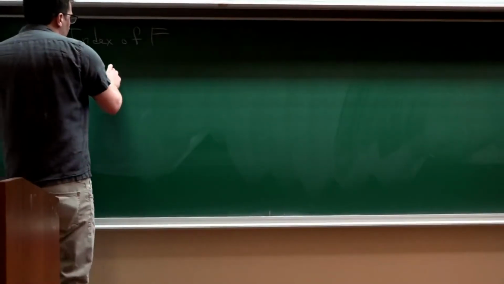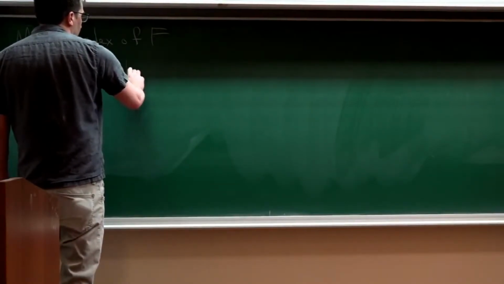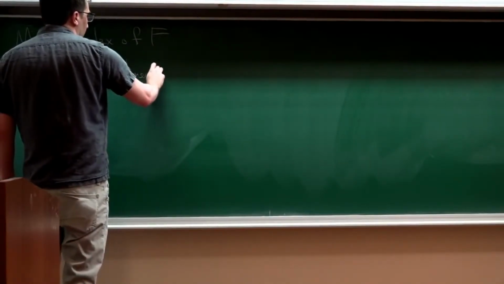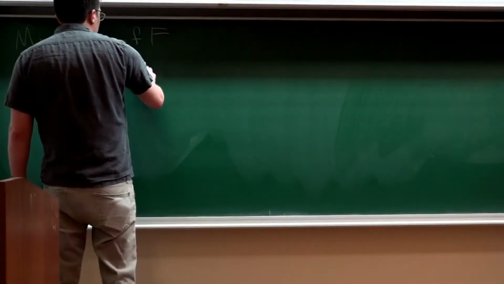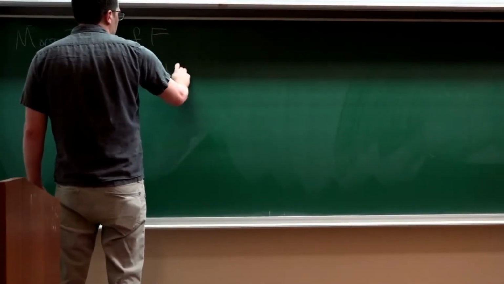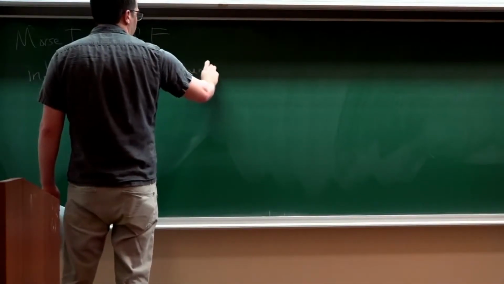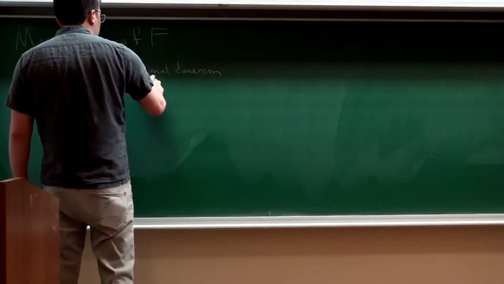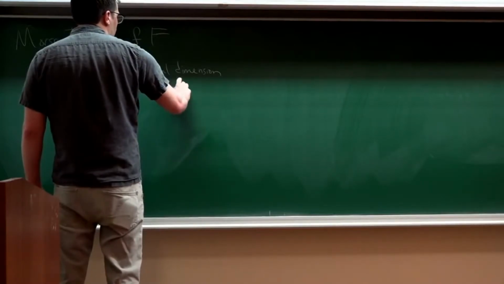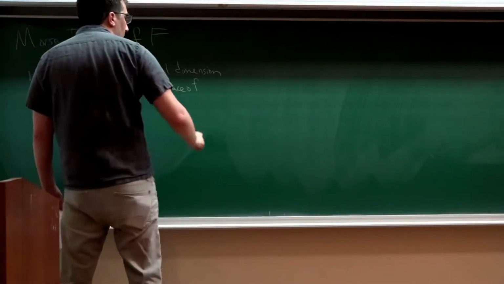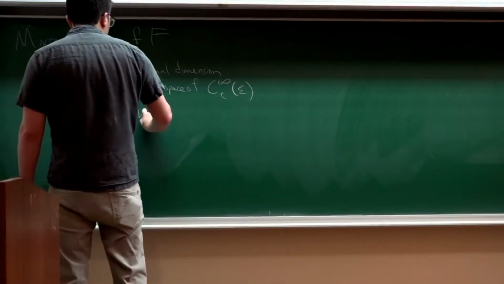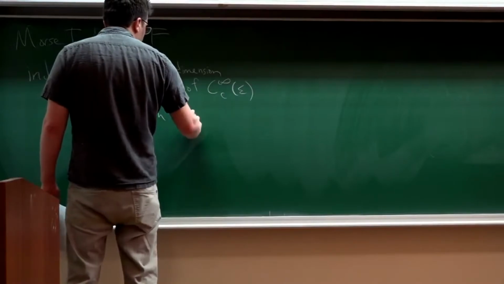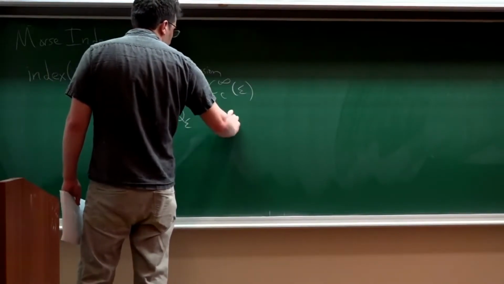This is basically equal to the maximal dimension of a subspace of C infinity compact sigma on which this quadratic form Q sigma is negative.